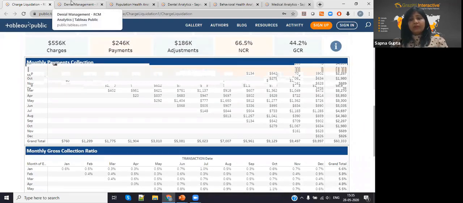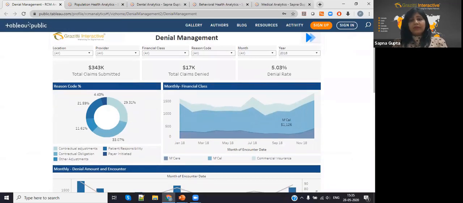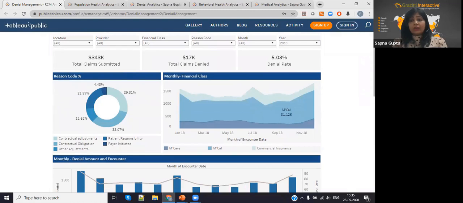So now moving on to the next dashboard, denial management, very important one. So this helps you to showcase all the KPIs related to denials. It enables you to understand the reasons for denial, such as missing information, incorrect patient demographics data, and all the technical errors.